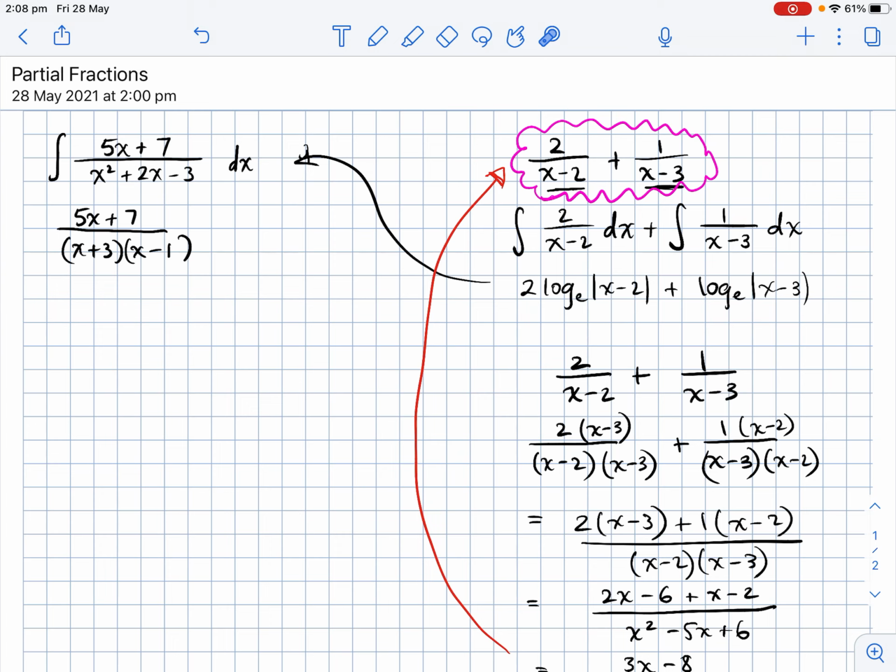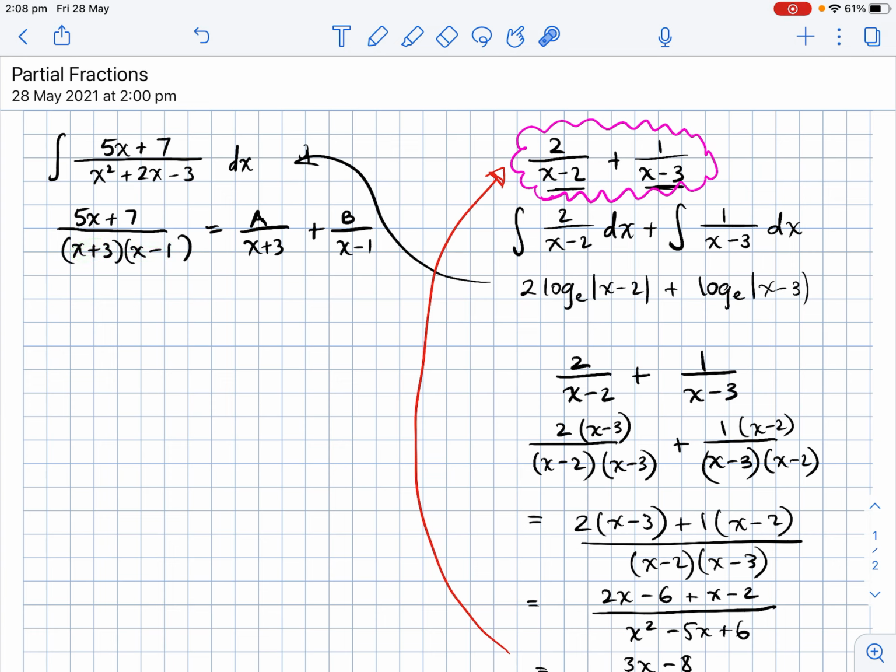So I'm going to think about it like this: I've got my 5x plus 7 over x plus 3, x minus 1, and I'm going to assume that there is some value that I can put over x plus 3 and some value that I can put over x minus 1 that would be equivalent to this mega fraction. So I'm creating two separate fractions by using these linear factors on the bottom line.